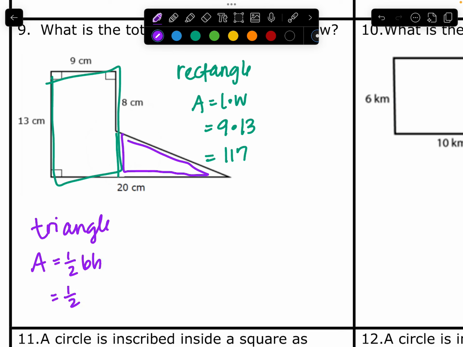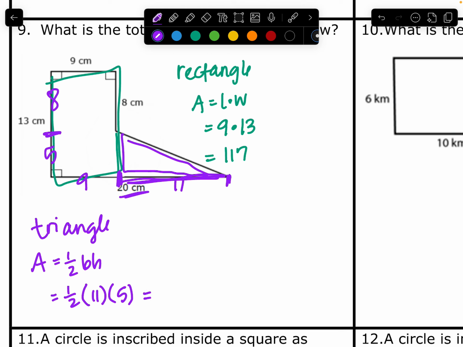So that would be 1/2 times, okay, well, the base is not 20 because this triangle is only part of the entire base of this irregular shape. Let's see, we know this part is 9, so this part has to be 11 because 9 plus 11 is 20. And then the height of the triangle is not 13. This part over here is 8, which means 13 minus 8 is 5, so the height is 5.